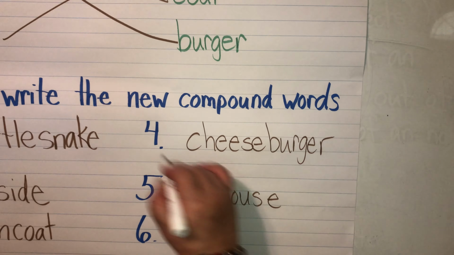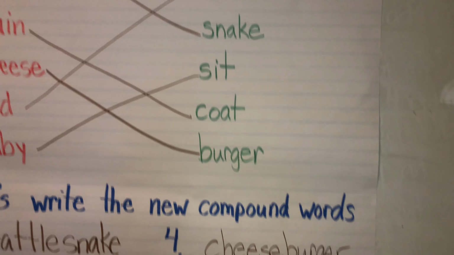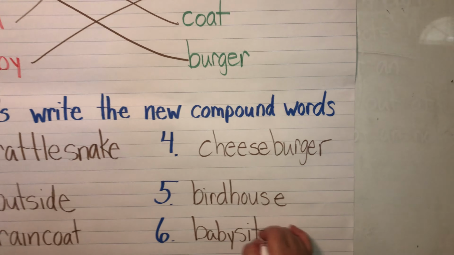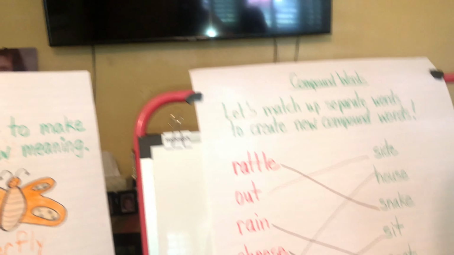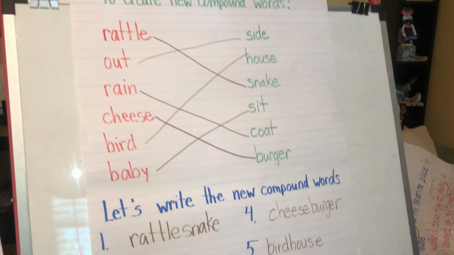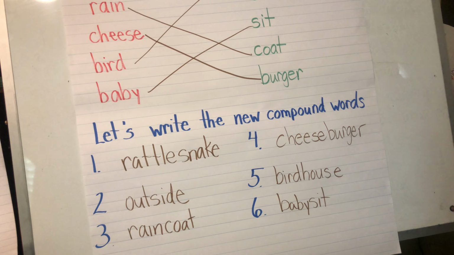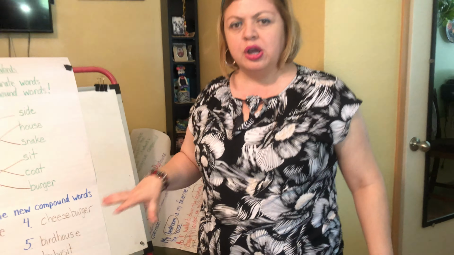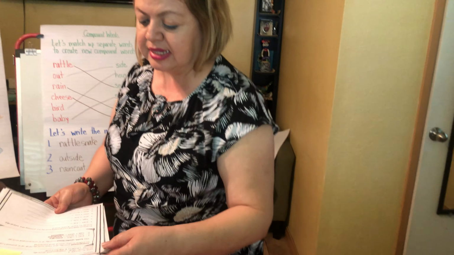And our final one up there, baby and sit, babysit. So those are the 6 new compound words that we practiced today. Of course, these aren't the only compound words. There's so many compound words, but this should be a good start to help you understand what compound words are and how they're used in sentences.